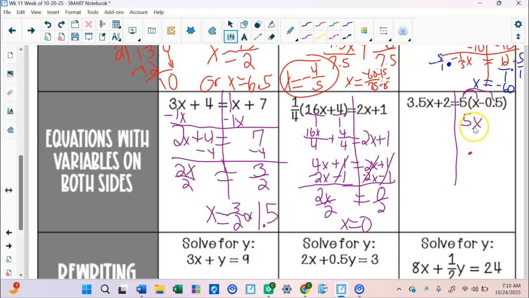See, 5x. All right, we got to do 0.5 times 5. You don't have to line up the decimals when you multiply. I move the decimal back 1 place.